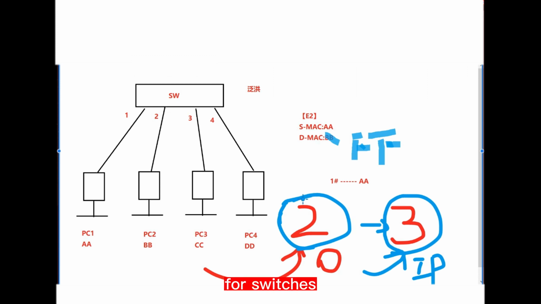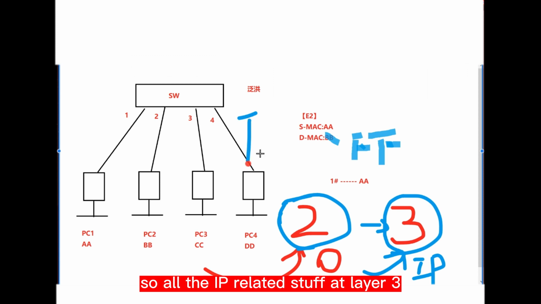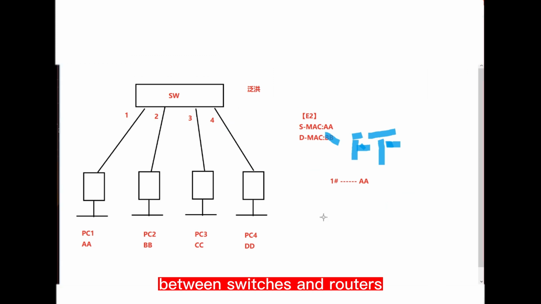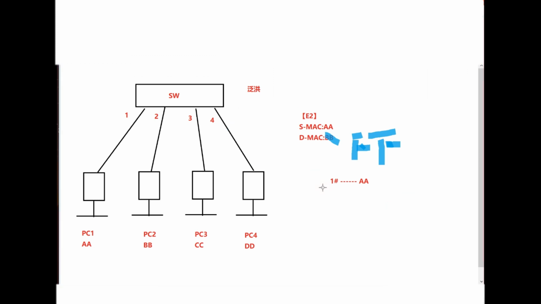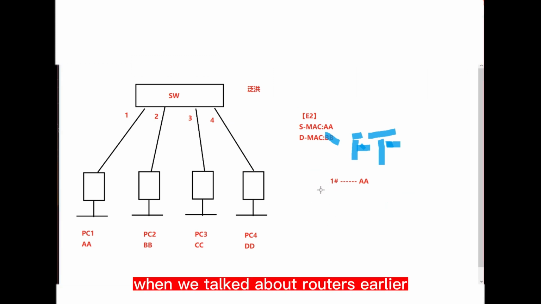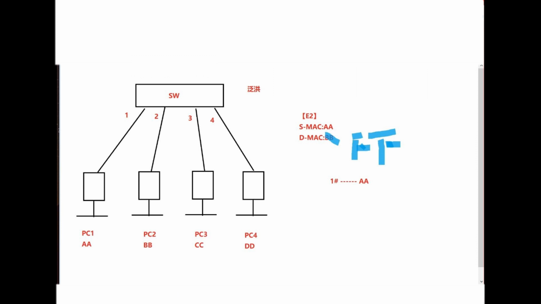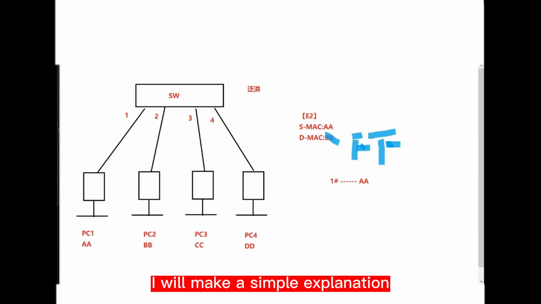For switches, they work on the second layer, so all the IP-related stuff at layer 3 it doesn't care about at all. Here are some differences between switches and routers. When we talked about routers earlier, basically everything was related to IP. The switch is not related to IP.